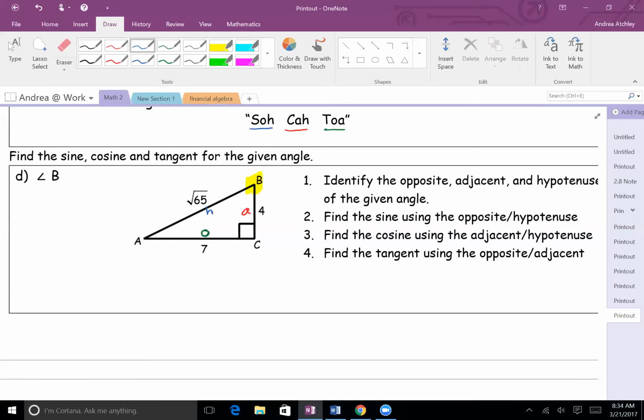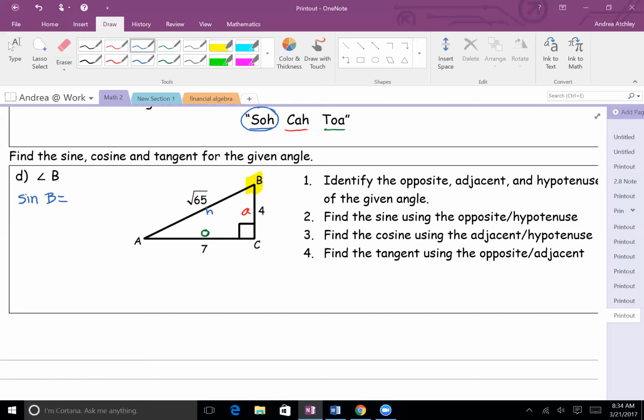Okay, so for the sine of B, that's how you write it, equals, it is the SO of SOHCAHTOA. So it is my opposite over hypotenuse.